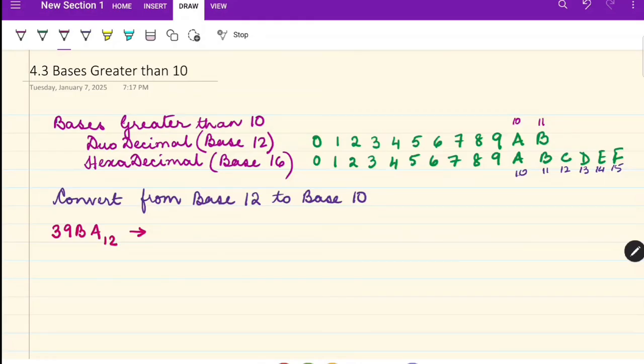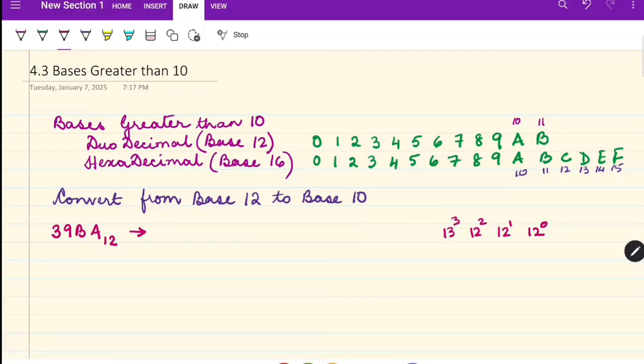The positional value for base 12 will be 12 to the power 0 for the extreme rightmost digit. Then it will be 12 to the power 1, 12 squared, 12 to the power 3, and so on.